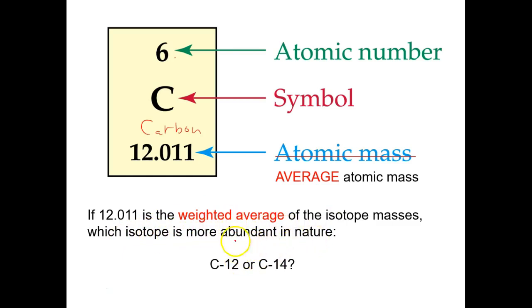So which one do you think it's closer to, carbon 12 or carbon 14? Which one has more in nature? Hopefully you can see that 12.011 is closer to 12, so there's more of that one.